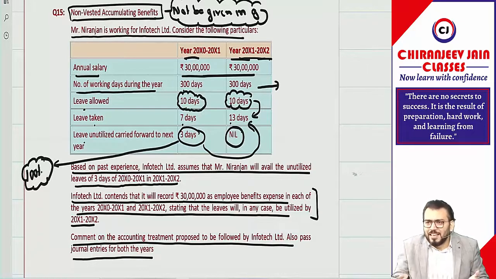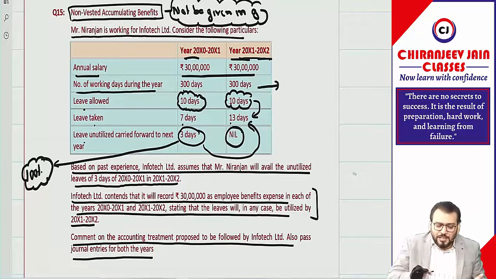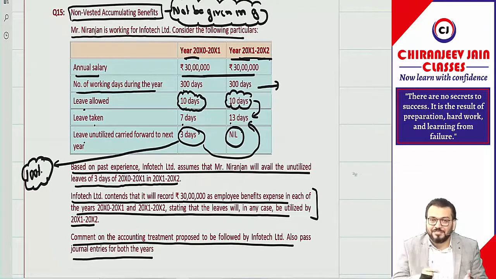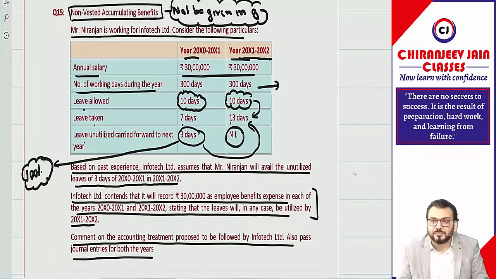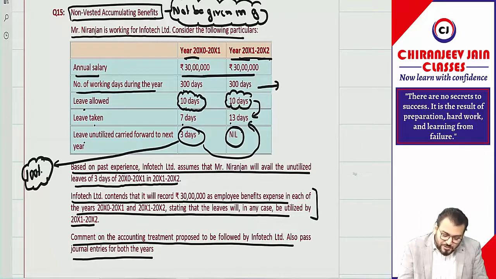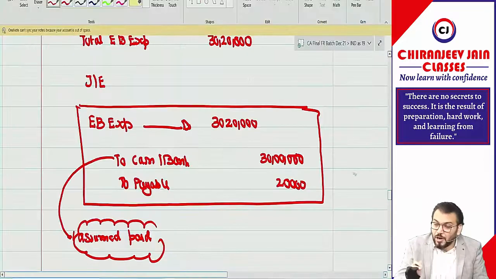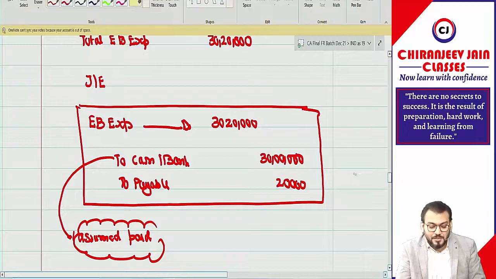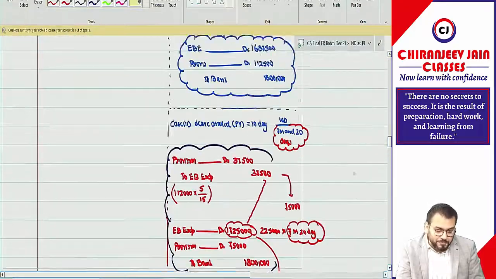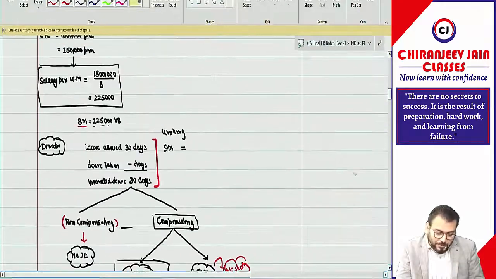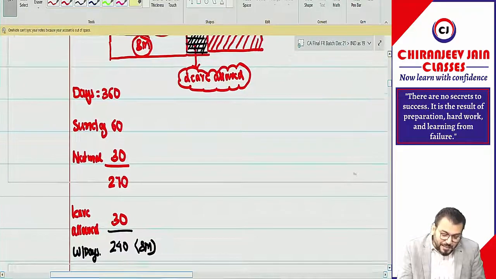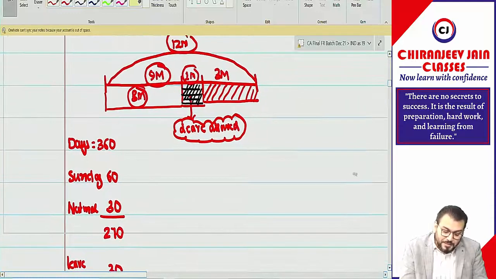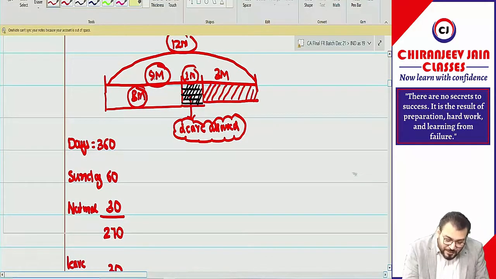When you are calculating salary per working day, should you consider these 10 days to find out salary per working day? Just try to understand in my example. In my example, I have calculated salary per working month taking 8 months into consideration or 9 months into consideration.